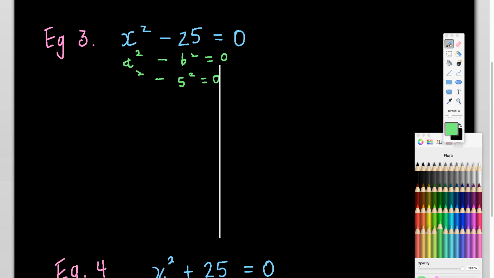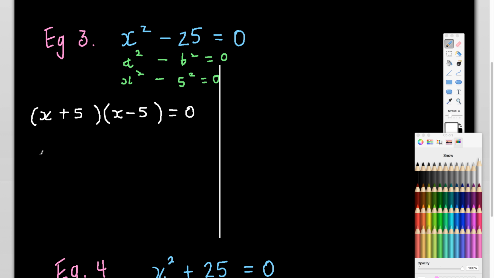Now of course that means that I can factorise really easily because, with the difference of two squares factorisation, we go plus b, minus b, which in this case is 5. So that will then leave me to finish it off.